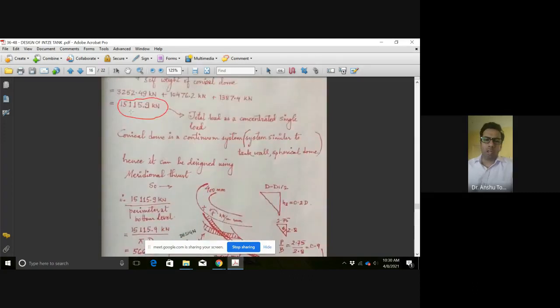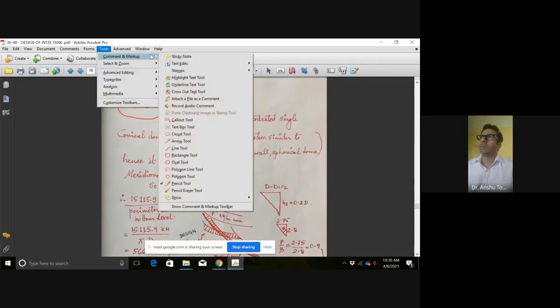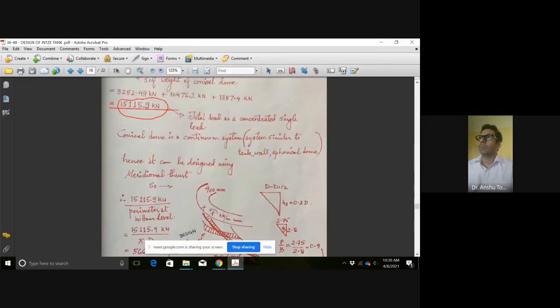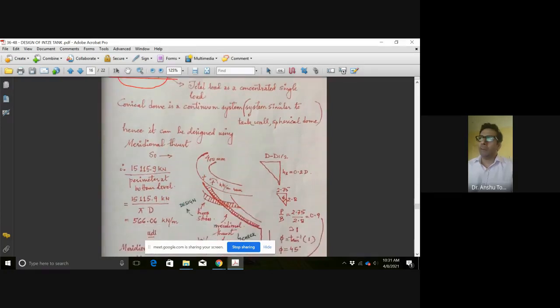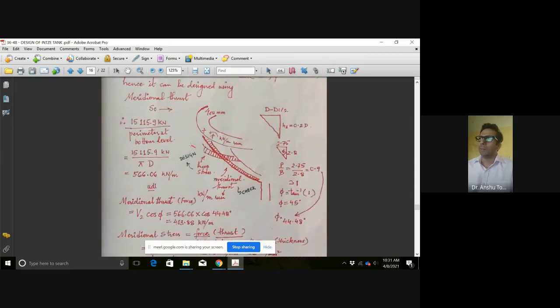Now you can see we have got the total load. We have to find out the thrust due to this. Whenever this type of load is available to us, we have two things: meridional thrust and hoop stress.